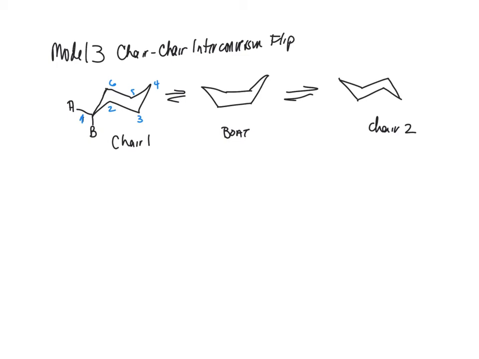And then here, this becomes A and that's B. And this is B. 1, 2, 3, 4, 5, 6. And then we have A, B, and we have 1, 2, 3, 4, 5, 6.